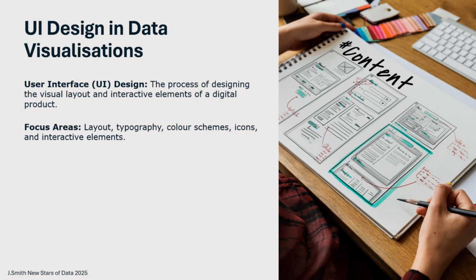And this includes aspects such as layout, typography, color schemes, iconography, and interactive elements. So essentially, UI design is about creating interfaces that users will find visually appealing and also easy to use.